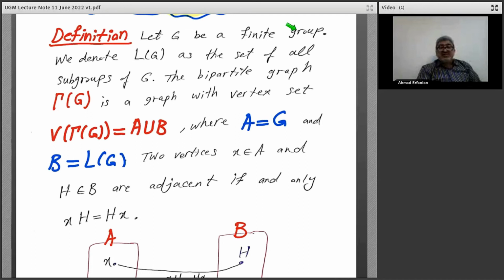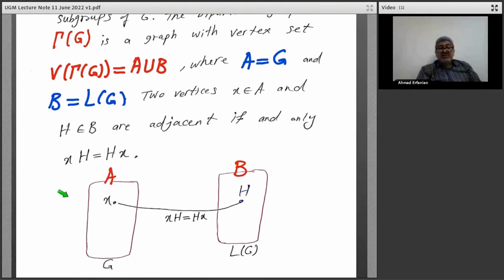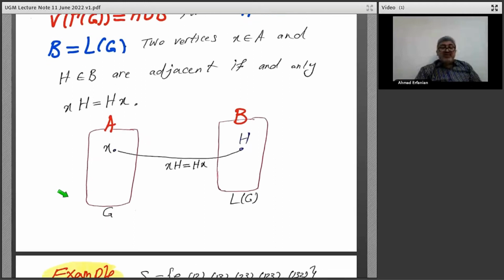The vertex set is the union of A and B. A is the whole group, all elements of G, and B is the set of all subgroups of G. Two vertices X in A and H in B, so X an element of G and H a subgroup of G, are adjacent if and only if the left coset XH is equal to the right coset HX.